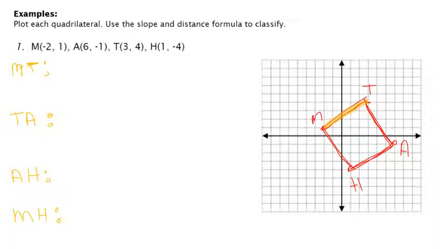So you can see MT is negative 2, 1, and 3, 4. TA is 3, 4, and 6, negative 1.